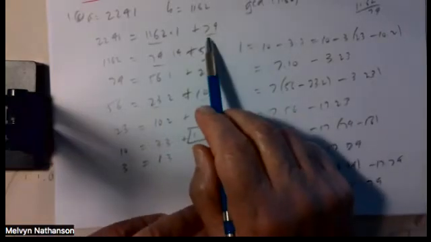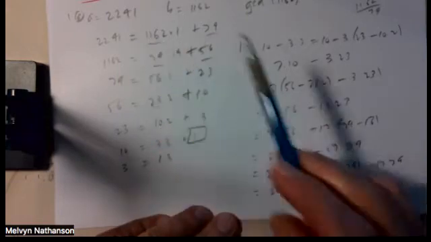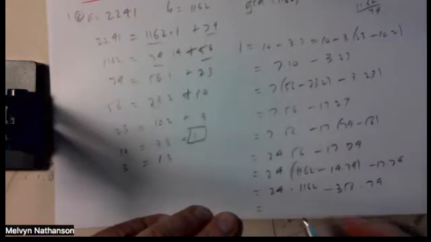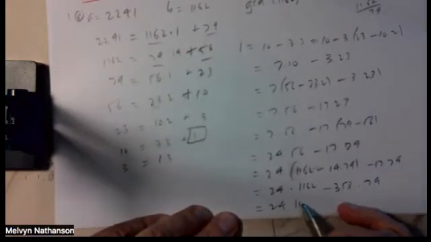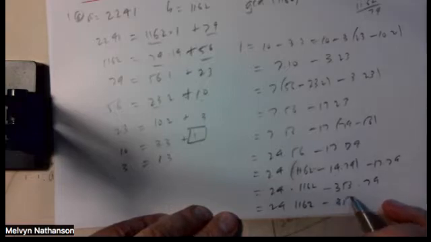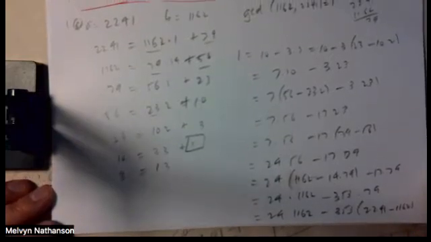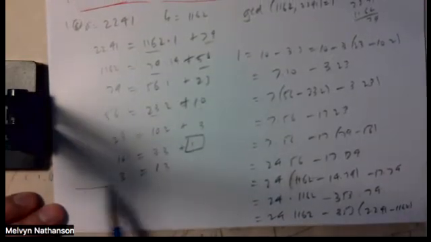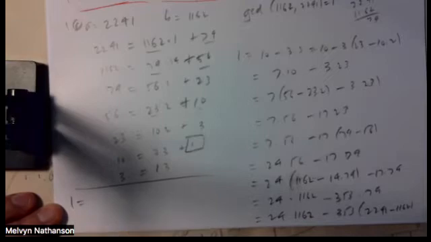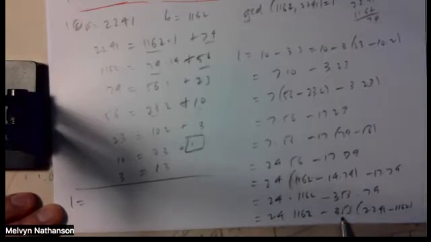And then finally, 79 is 2241 minus 1162. So this is 24 times 1162 minus 353 times 2241 minus 1162. Hard for me to believe that this is all correct, but we'll check in a second. So I get 1 is equal to 353 plus 24.